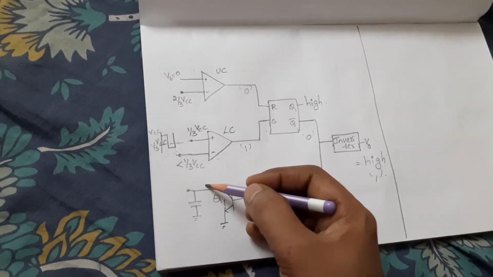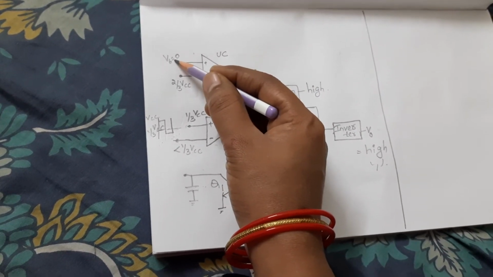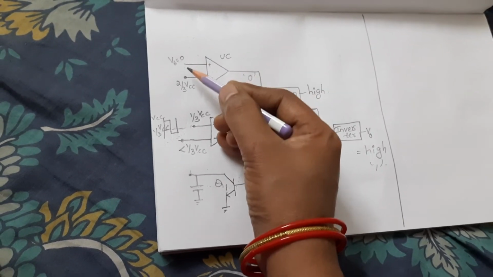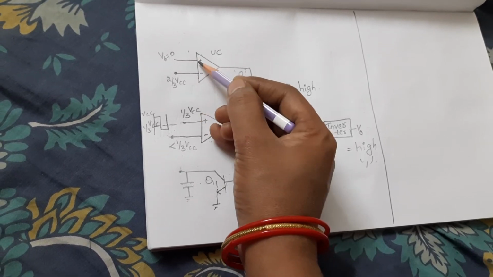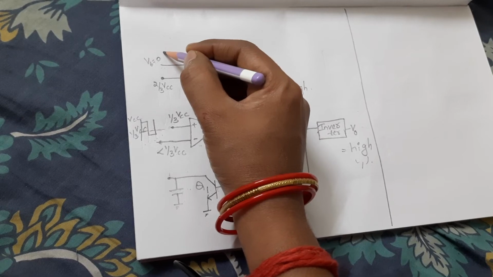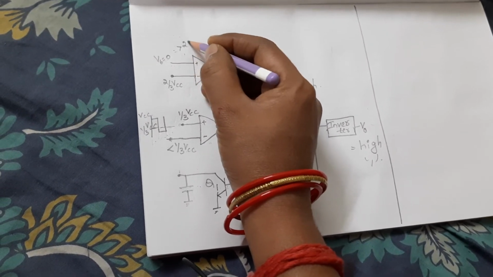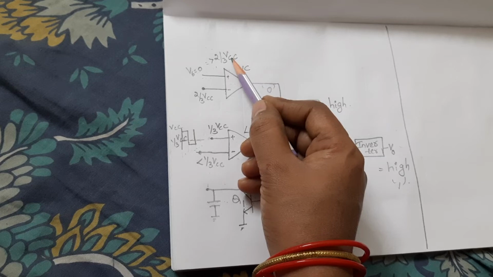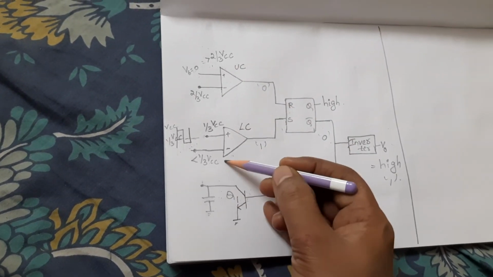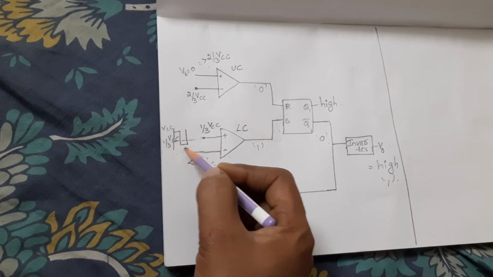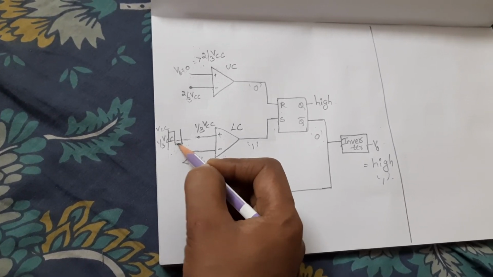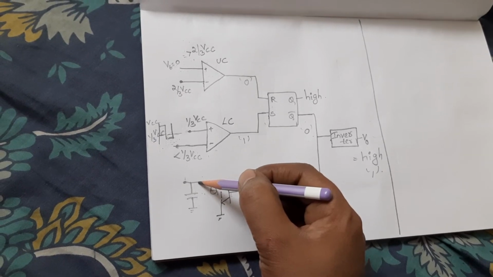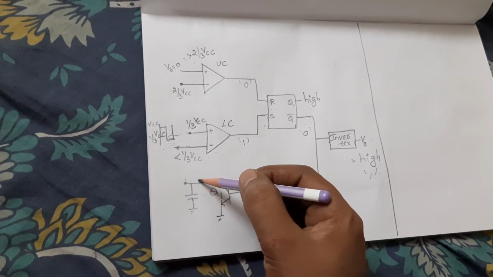Whenever the voltage across this sixth terminal, now connected to RA and the capacitor connected to VCC, starts charging, and the voltage across this positive terminal becomes greater than 2/3 VCC, remember, as the width of this triggering pulse is very small, within a small amount of time the capacitor gets charged.